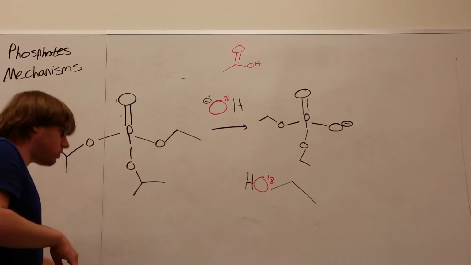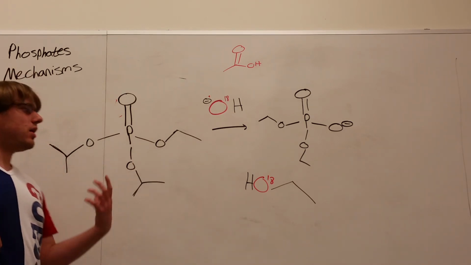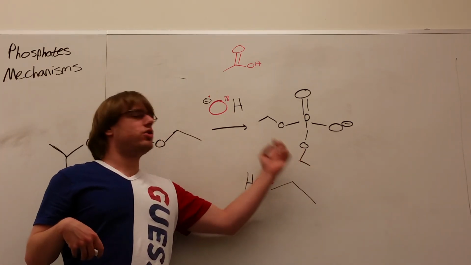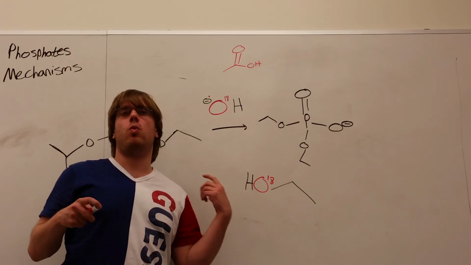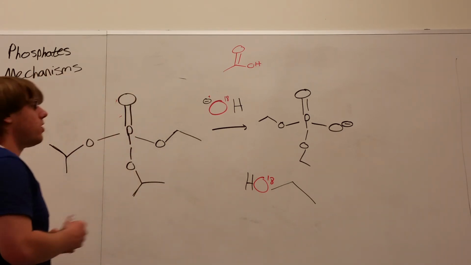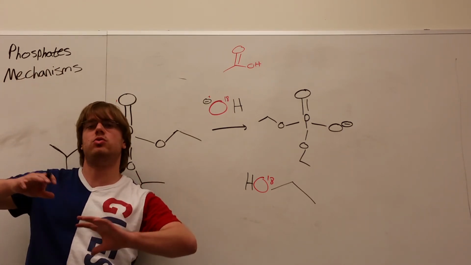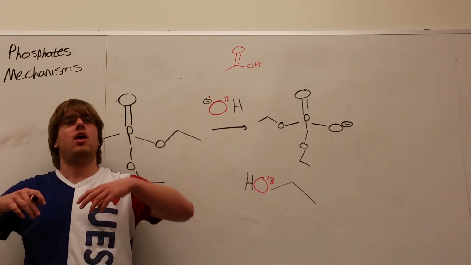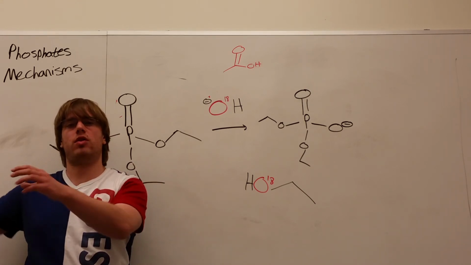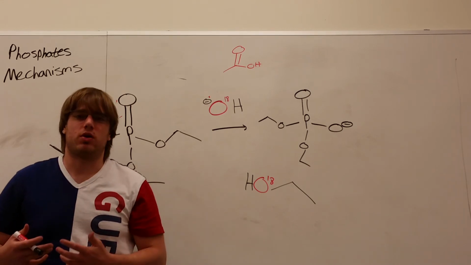Now, again, that O- can come in and attack, but where is it going to attack this time? In the previous example, there was no difference between the OR groups, so how do I know where this one's going to preferentially attack? The way it works is this most likely follows essentially an SN2 styled mechanism of sorts, meaning the fewer groups you have where that oxygen attacks, the better it is for the reaction to occur.